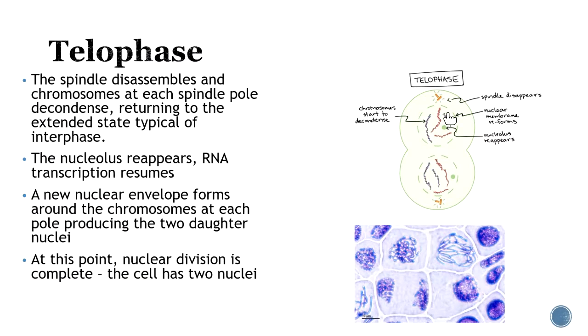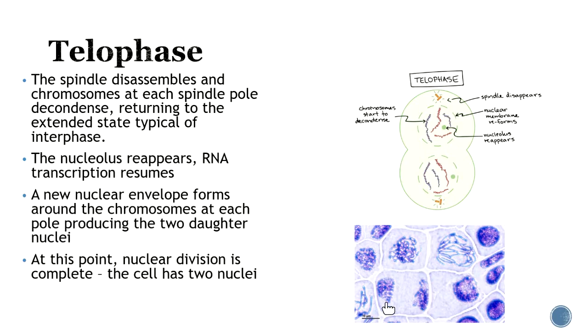The chromosomes are going to start to decondense, getting more towards that relaxed state. The nucleolus is going to reappear. We're going to reform a nuclear envelope around each of them. At this point, the cell will have two nuclei, and until it commits to cytokinesis, it has two nuclei.